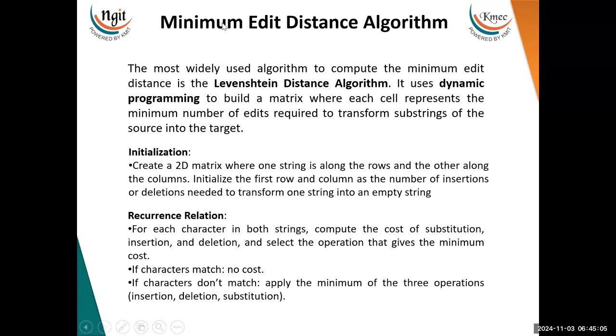We perform the insertion, deletion, or substitution operations to transform it. The recurrence relation states that for each character in both strings, compute the cost of substitution, insertion, and deletion. Select the operation that gives the minimum cost. If the characters match, there is no cost. If they do not match, apply the minimum of the three operations: insertion, deletion, or substitution.